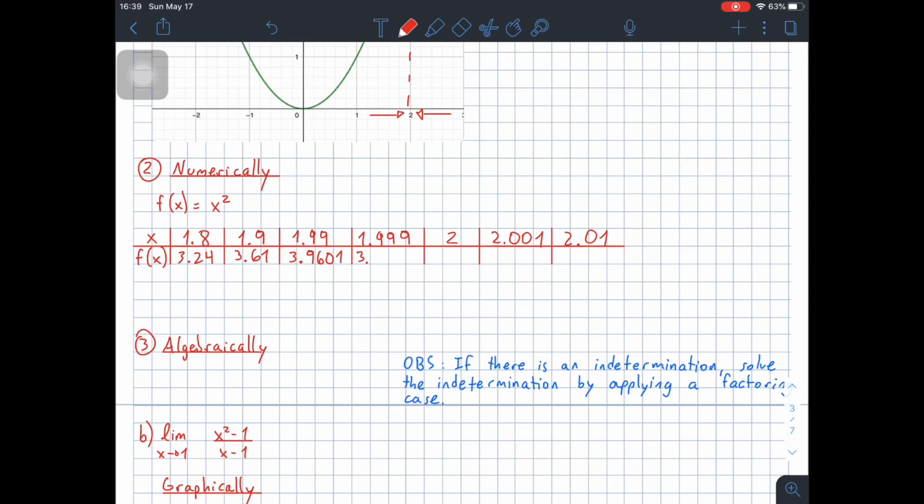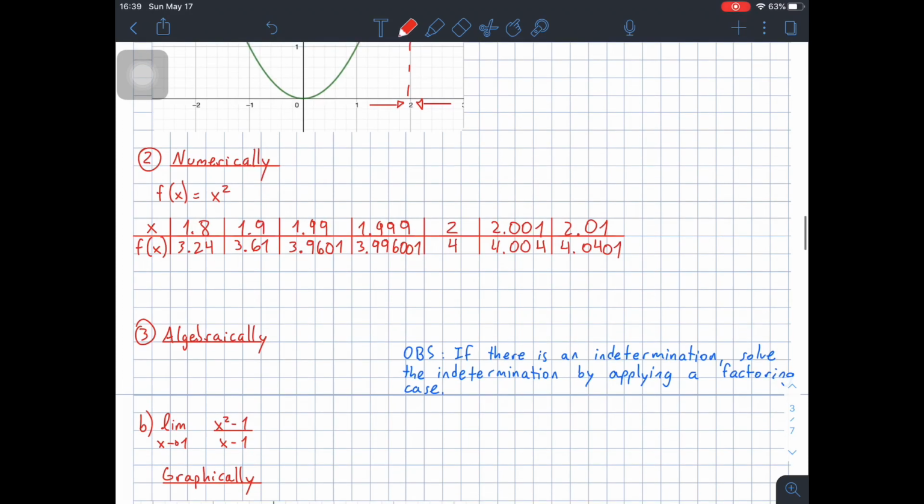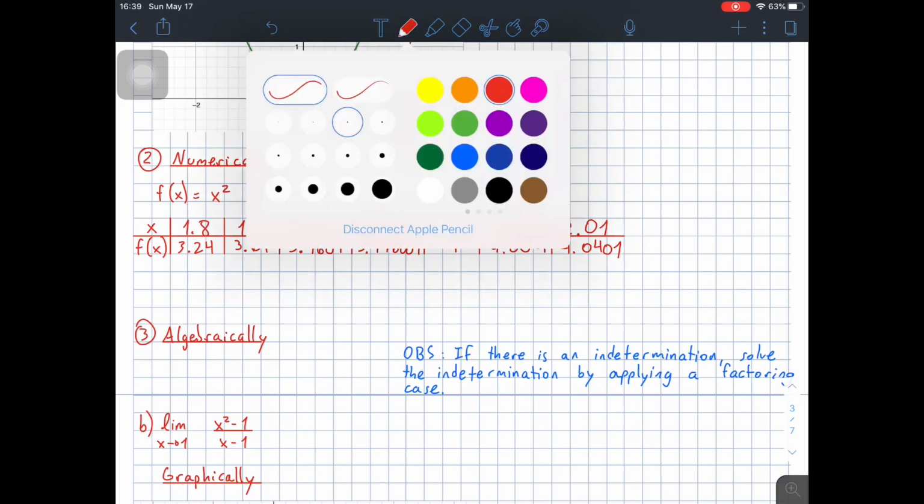And then we have 3.996001. For 2, this would be 4, right? 2 squared is 4. For 2.001, that's 4.004. And finally, for 2.01, that's 4.0401.